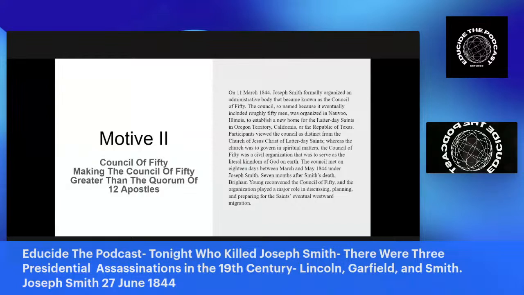The council met on 18 days between March and May of 1844. Seven months after Smith's death, Brigham Young reconvened the council, and this organization played a major role in planning the Saints' eventual westward migration to Utah.